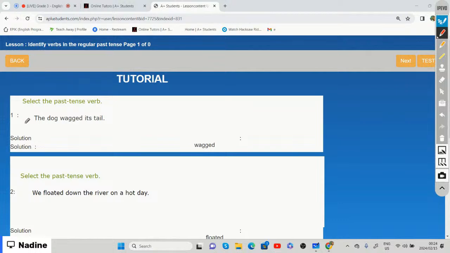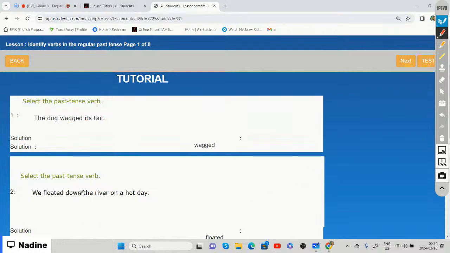And this basically even shows the past tense, which means that the dog wagged its tail, which is wagged, and it ends with an ed. So well done. Wagged is correct.